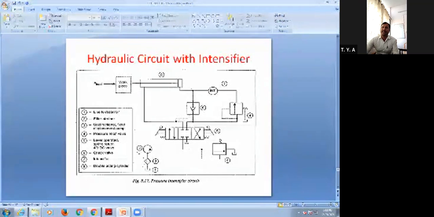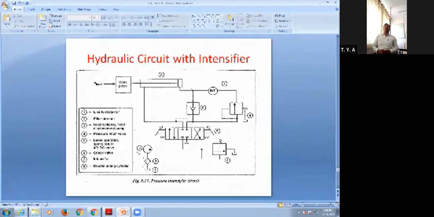It's a double acting cylinder. For this double acting cylinder, here we have the intensifier. This is a check valve, this is a pressure relief valve, and this is a lever operated spring return 4x3 direction control valve. Getting it? This is our pressure relief valve.